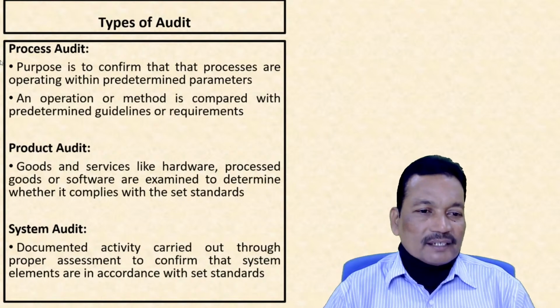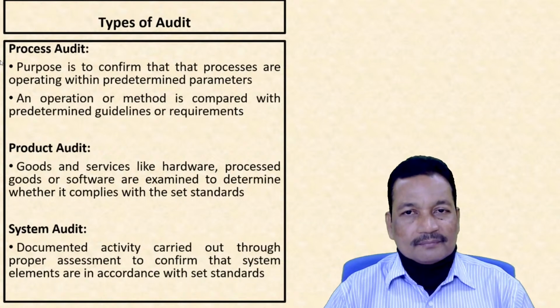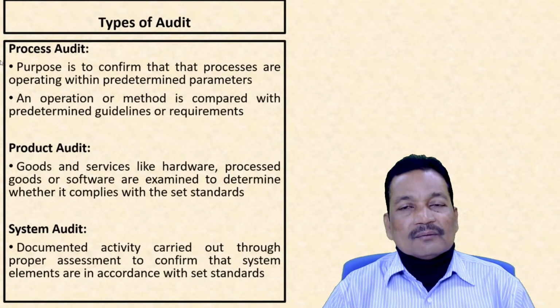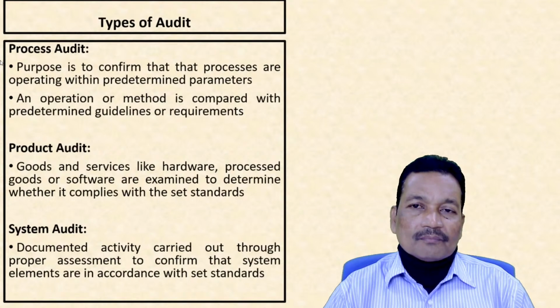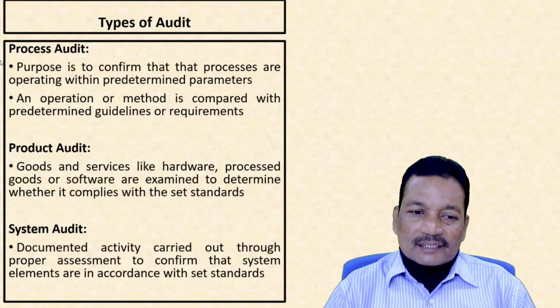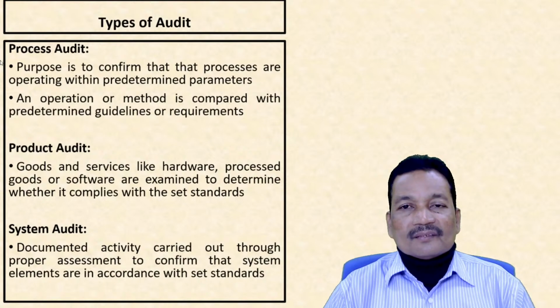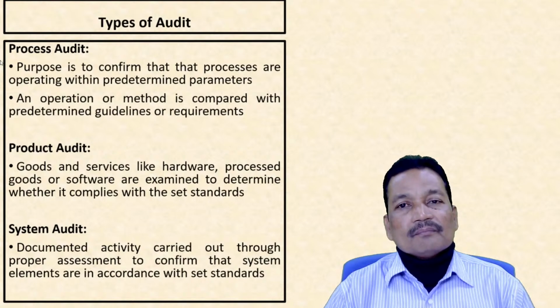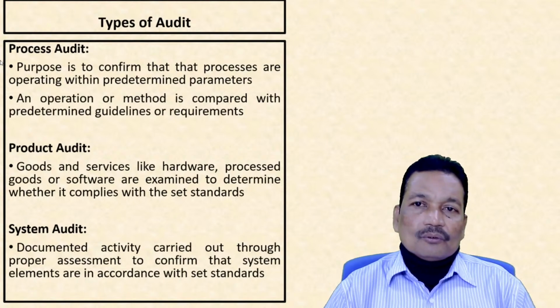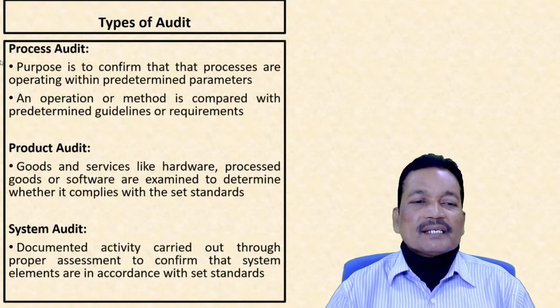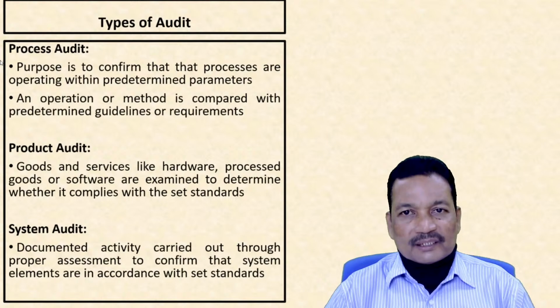The last type of audit is system audit. Now, let us talk about a system. What is a system? When we try to describe that, we say that the system tries to process the inputs into outputs, just like we have seen in the product case or the process case.